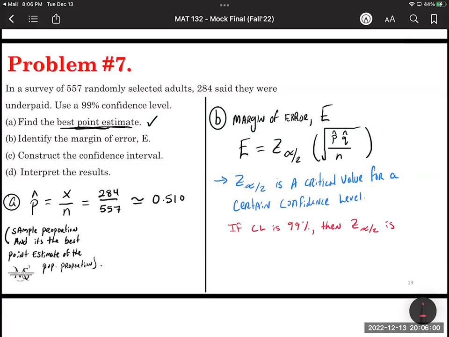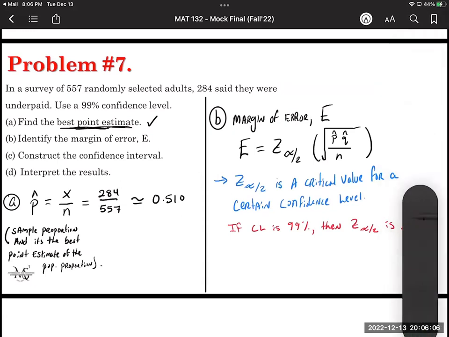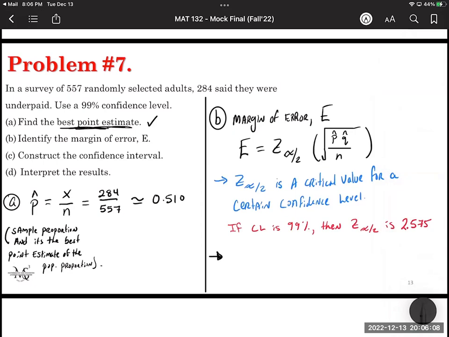So Z alpha over 2 is going to be 2.575. We already computed P hat, which was equal to 0.510. What would be the value of Q hat?